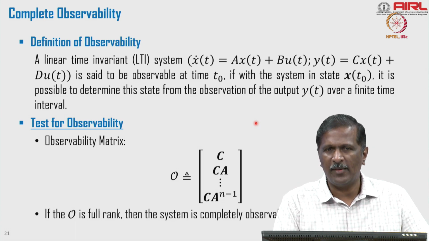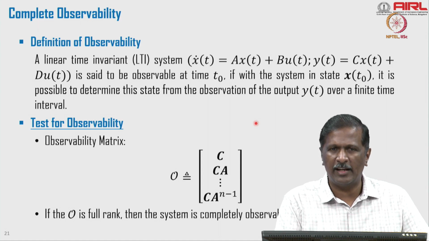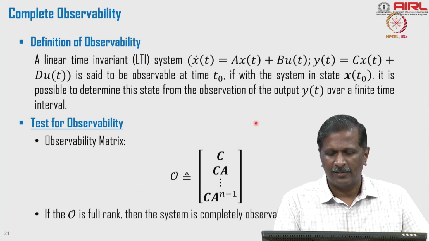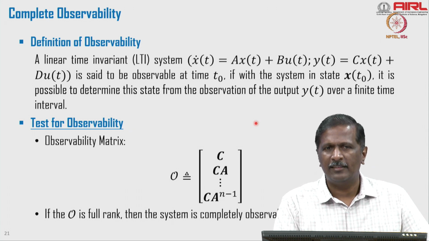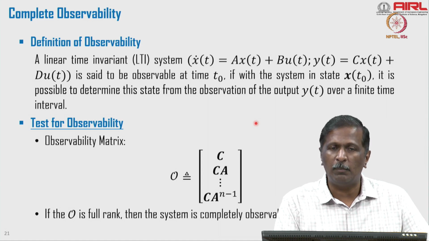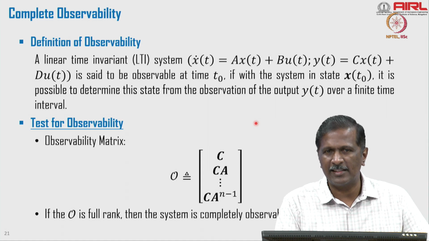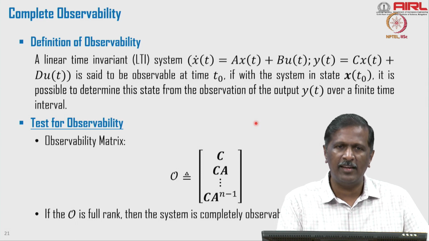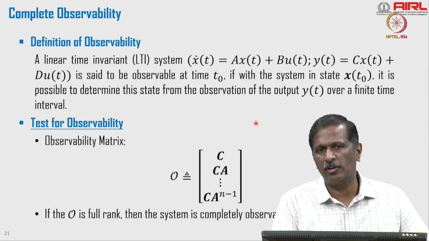CA, CA power n minus 1. You create these rows. If all these are linearly independent, then your system is said to be completely observable, or I can say the observability matrix has full rank, then I can say the system is completely observable.